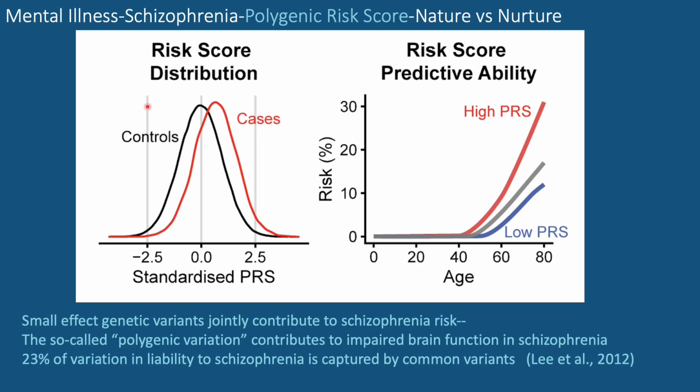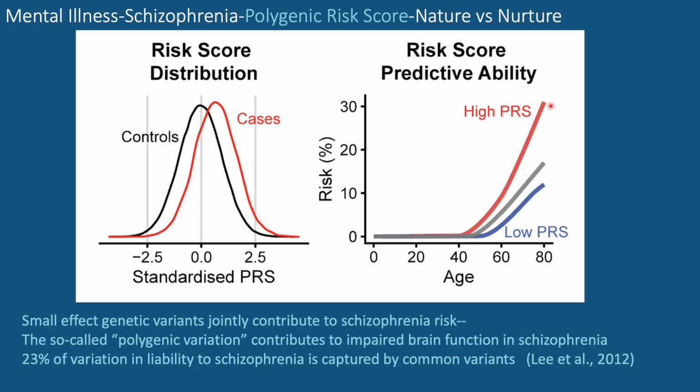Meaning that if you look at the cartoon to the left, the low PRS will be here in the middle, while the high PRS will be on the right side, this tail of the distribution in the population of risk variants.